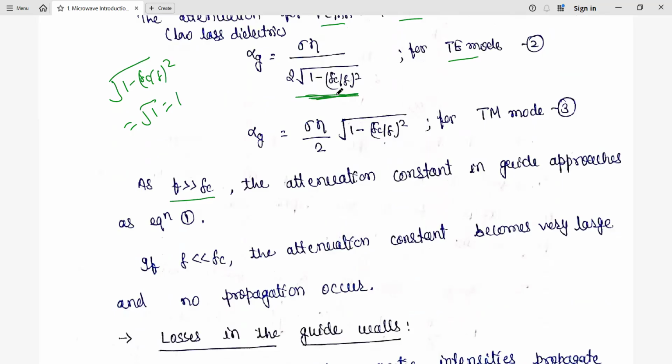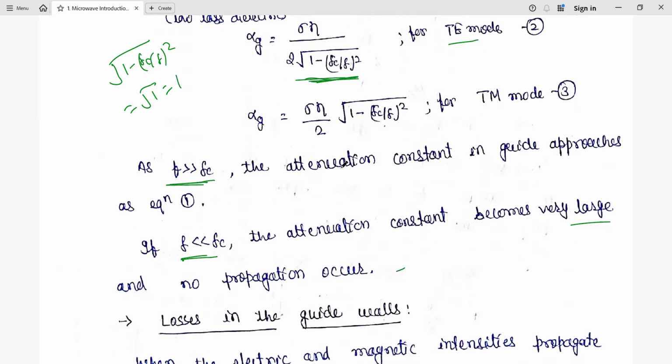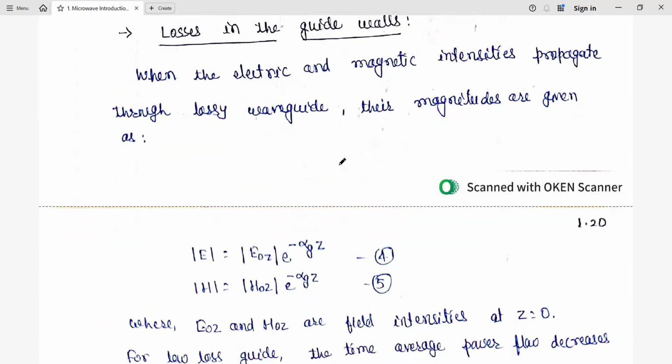That's why this alpha g value is going to become very large and no propagation is going to occur. So the condition for propagation is that frequency f should be much greater than fc. And when it is much less than fc, propagation is not going to occur. Previously we have seen the different conditions when propagation occurs. Different lectures are available that you can see in the playlist.